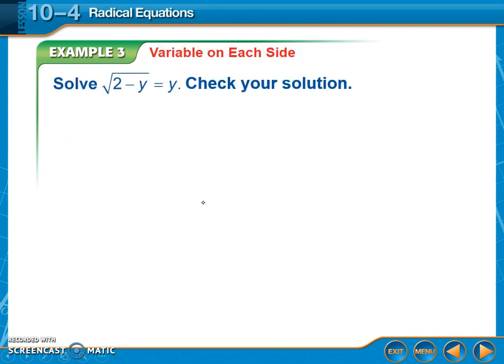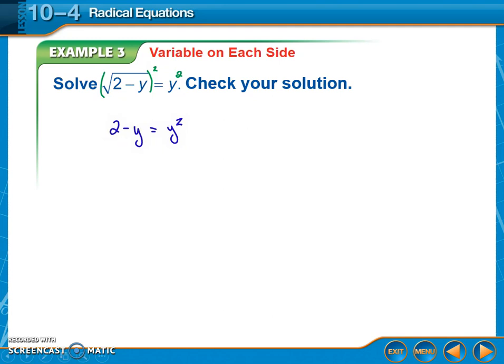Okay, what happens if I have a variable on both sides? In this case, get rid of the square root, because we don't know how to work with that. The square root is by itself, so now I'm going to square both sides of my equation. This becomes 2 minus y equals y squared. Now this should look familiar. This should look like a quadratic, where we have a square term, a term to the power of 1, and a constant.